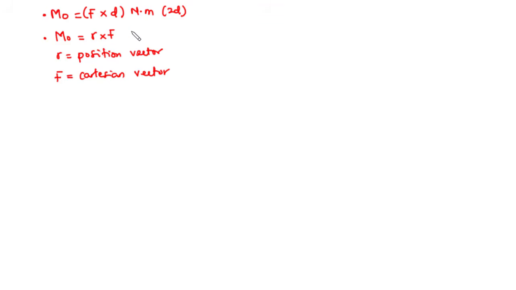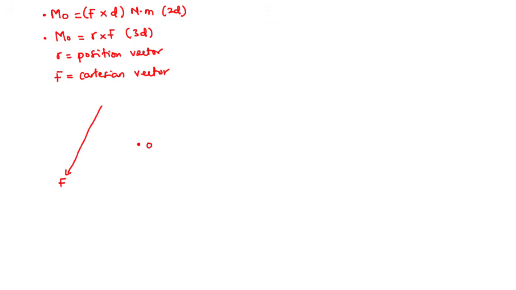And so the moment of a force in 3 dimensions is given by the cross product of the position vector directed from O to any point on the line of action of F, and then the force F represented as a Cartesian vector. Now let's assume that we have a force acting along this line, and then we have a point O where we are going to take the moment about.